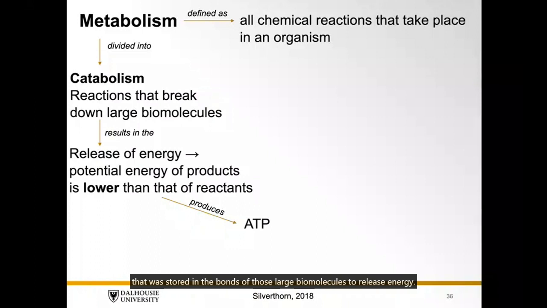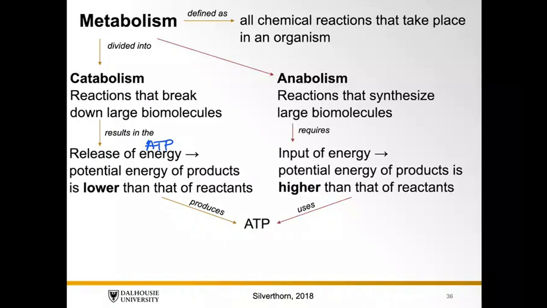So as we already mentioned, catabolisms are reactions that will break down large biomolecules and take the potential energy that was stored in the bonds of those large biomolecules to release energy. As a result, the potential energy of the products will be lower than that of the reactant. Another way of saying that is it releases ATP, as we can see at the bottom there. The other arm of metabolism is called anabolism.